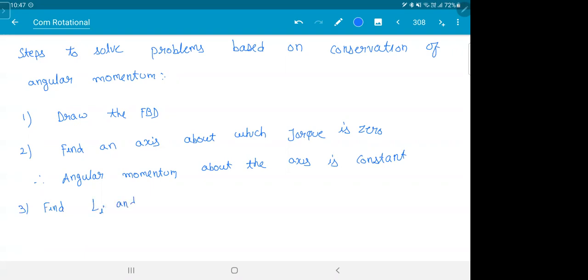Find initial and final angular momentum about that axis. Equate them. That's it. Put on the steps. Let's see one or two problems on this.